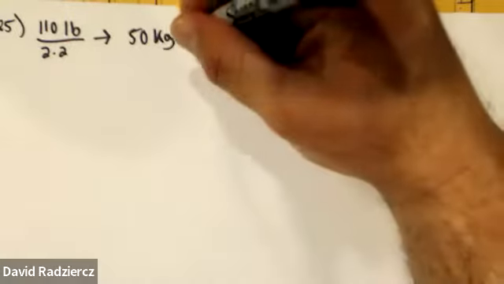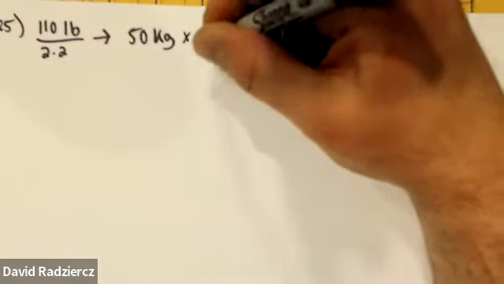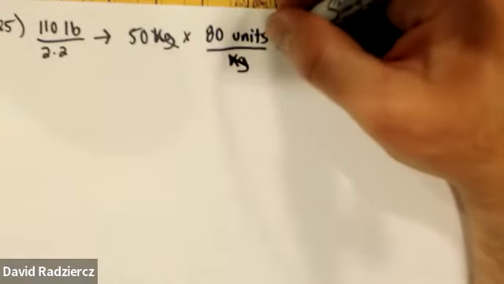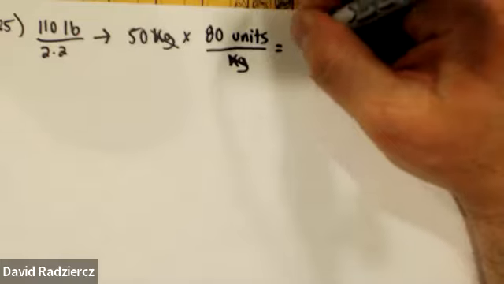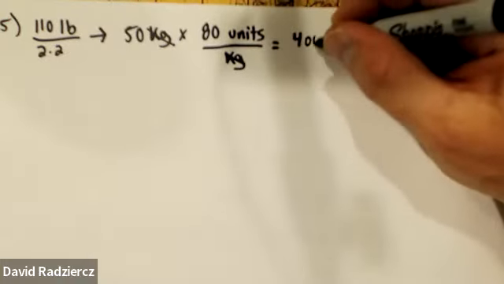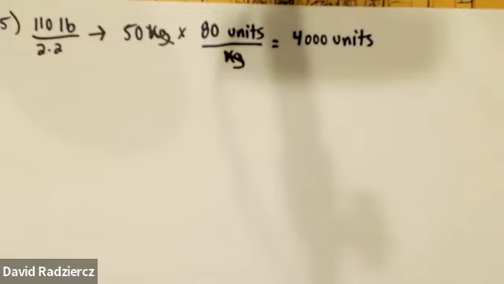Now it says to bolus the patient with 80 units per kilogram. We eliminate kilograms. 50 times 80 gives me 4,000 units. So if the question had asked how many units to administer to the patient, we'd be done.